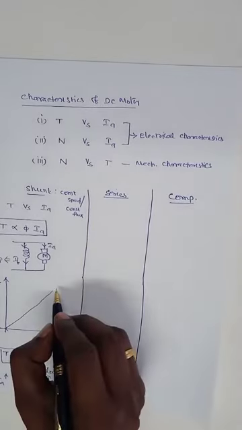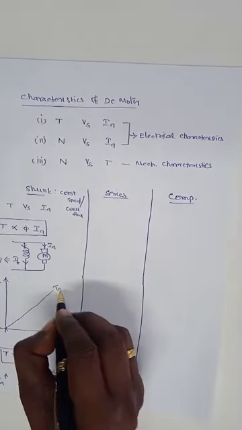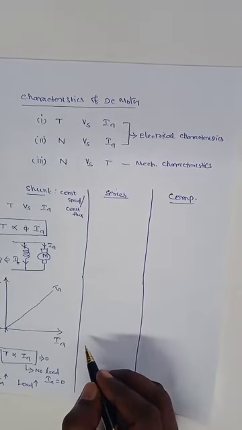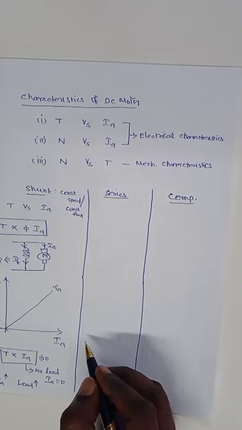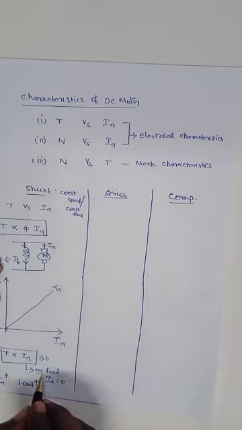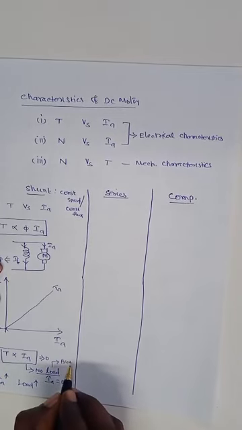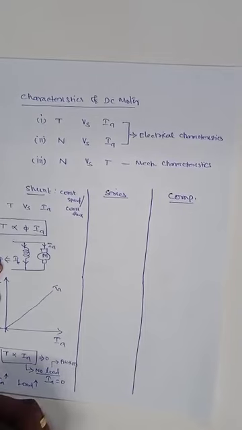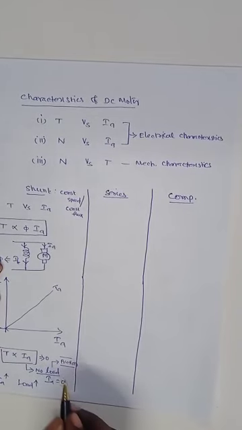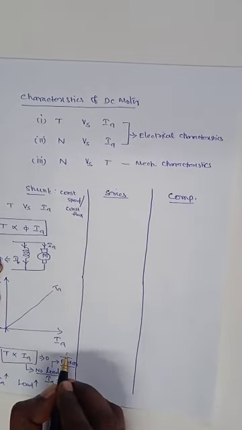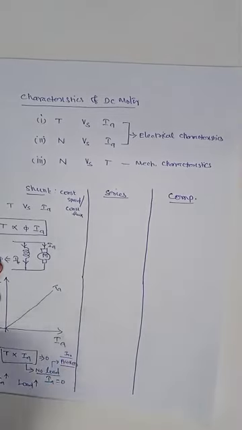But this is called the armature torque. The shaft torque is a little different from the armature torque, because when we start from the no load condition, some friction will be there. To overcome this friction, it will take some no load current Ia naught.